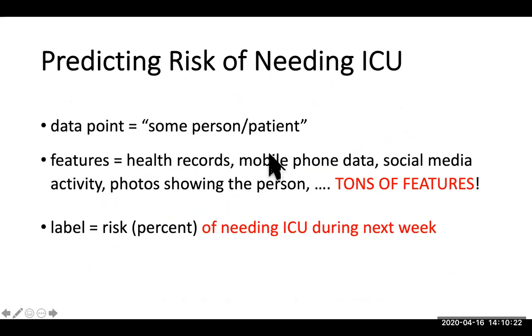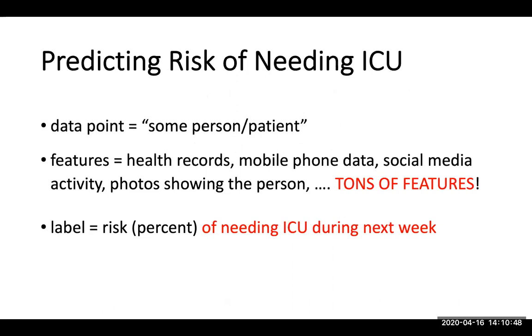Nowadays, in our technology-driven society, we collect a lot of features about individuals. So consider the problem of predicting the risk that a certain person or patient needs an intensive care unit within the next week. This is important because these predictions allow, for example, ministers for healthcare to decide: do we have enough resources?